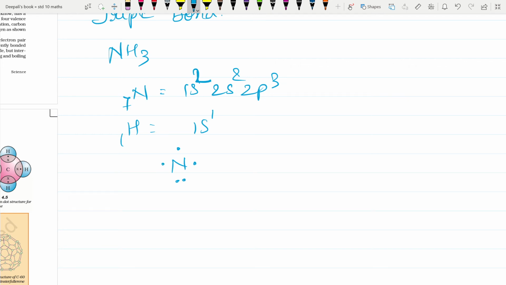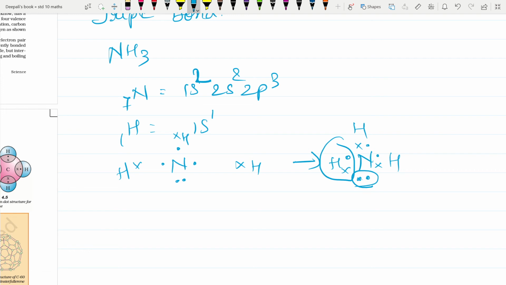Now hydrogen, I will have 1 H here, 1 H here and 1 H here. So if I try to observe, I will get a structure like this. And a lone pair. This pair is called a lone pair. And so it has completed its octet in this manner.